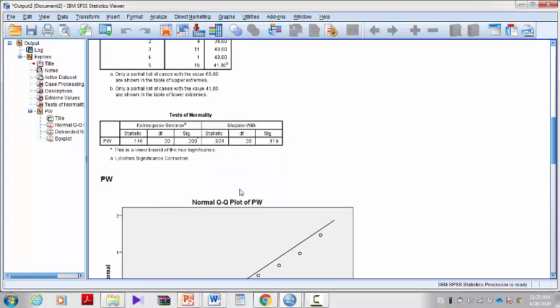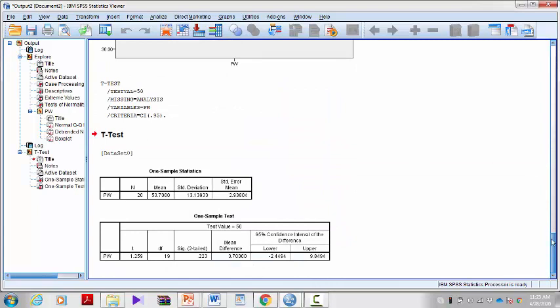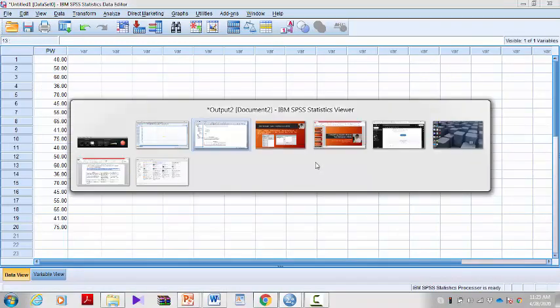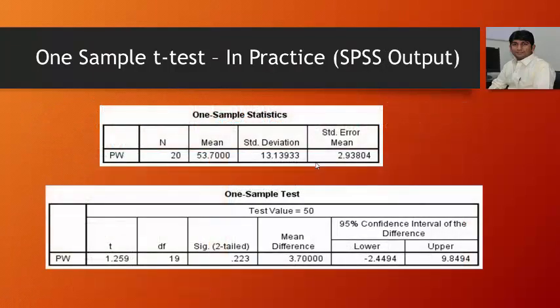Just press OK. Here you can see the two tables: one is One-Sample Statistics and the second one is One-Sample Test. These are the same tables which you will get as SPSS output.